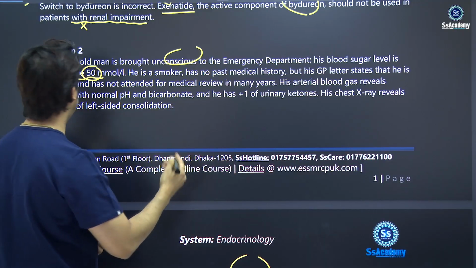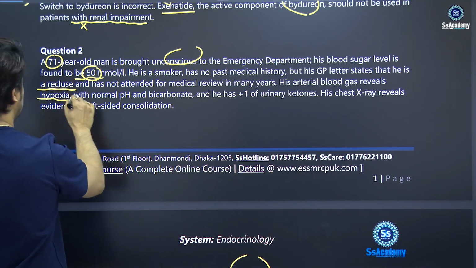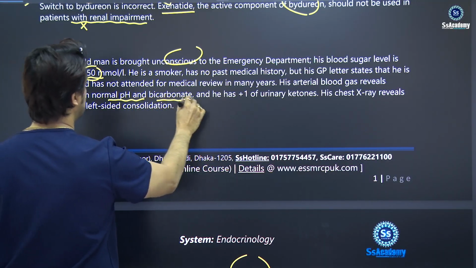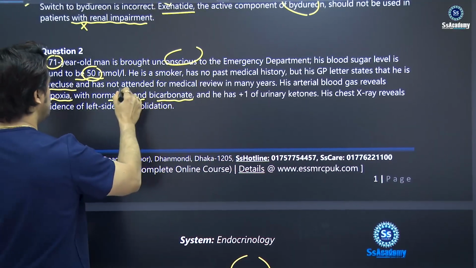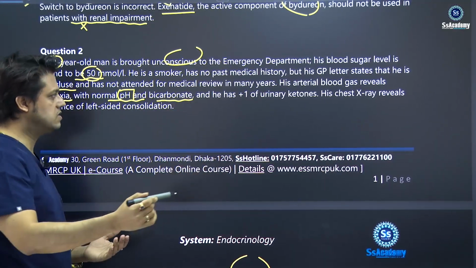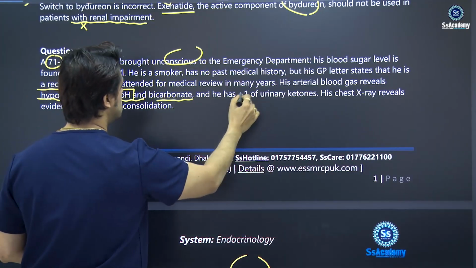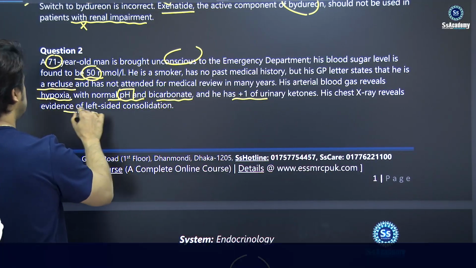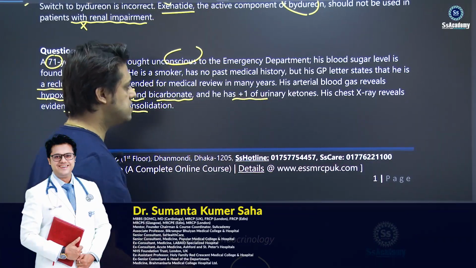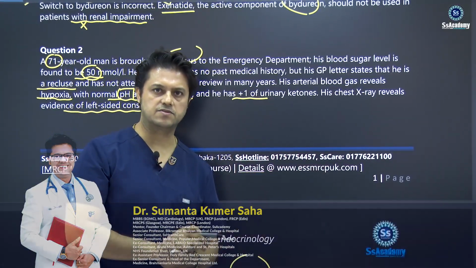His arterial blood gas reveals hypoxia with normal pH and bicarbonate. So the blood sugar is high but the pH is normal, so definitely it's not acidosis. There is only 1 plus urinary ketones, and the chest X-ray reveals evidence of left-sided consolidation.